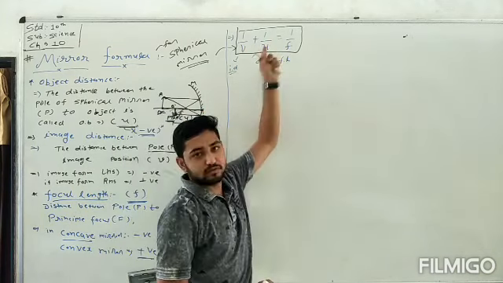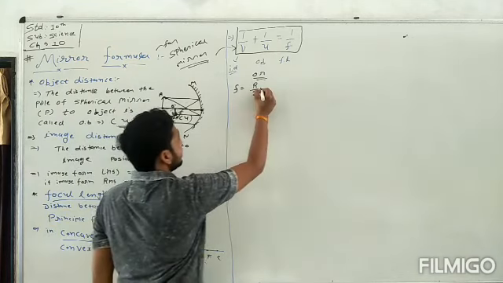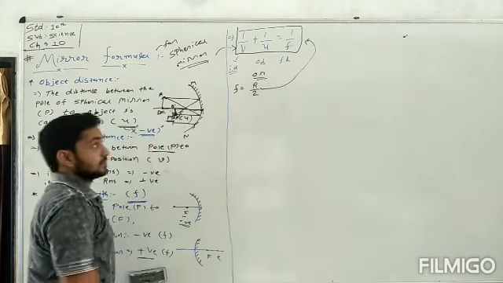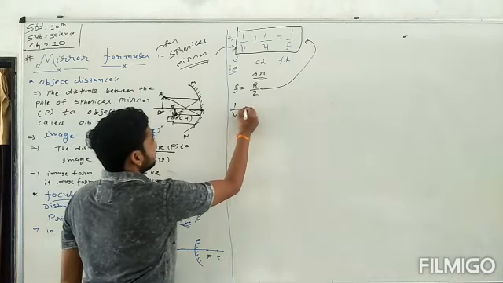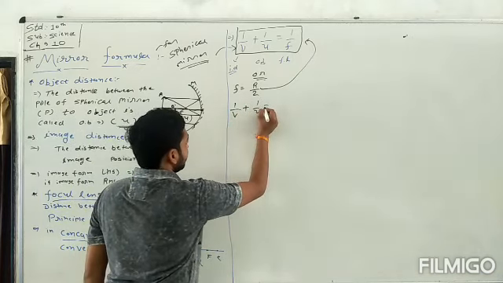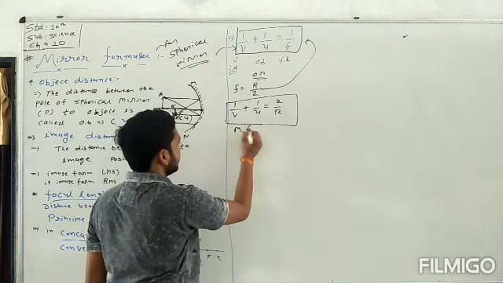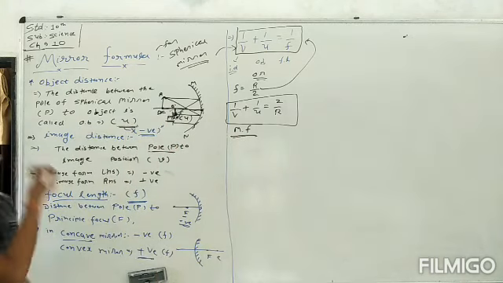You can remember it by these words. Or you know that f is equal to r by 2. Put this value in this equation, so your mirror formula will be 1 by v plus 1 by u is equal to 2 by r. This is also your mirror formula.